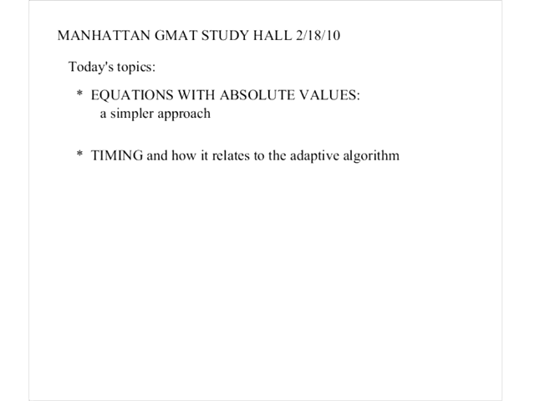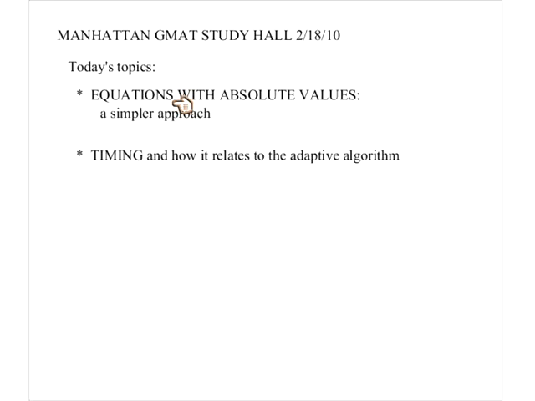Okay, so here are today's topics. We're going to talk about equations with absolute values. A lot of you have been posting questions about these, both in the study hall question engine and in the forums. A lot of you have been getting into issues with the absolute value regions and such, but it turns out those are much too complicated for solving these kinds of things on the GMAT.